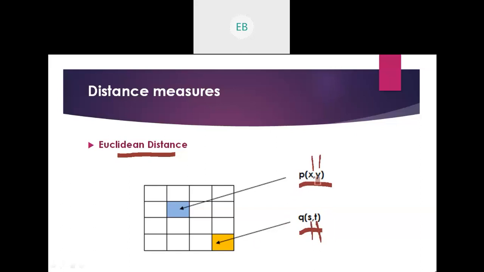So here x is the row number. Can you tell me the row and column, the value for these coordinates, guys? For p(x,y), x is the row and y is the column. So what is the value?